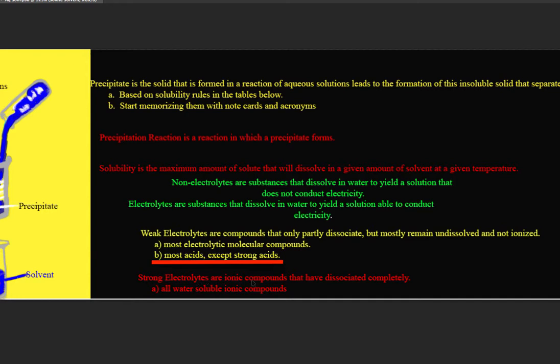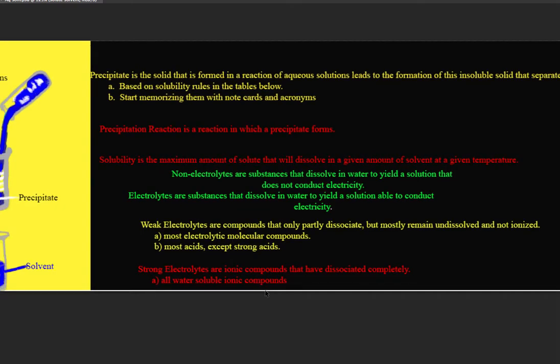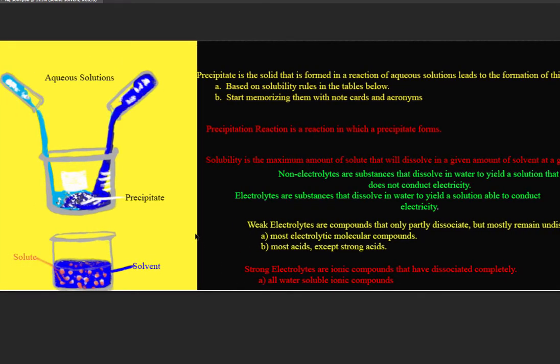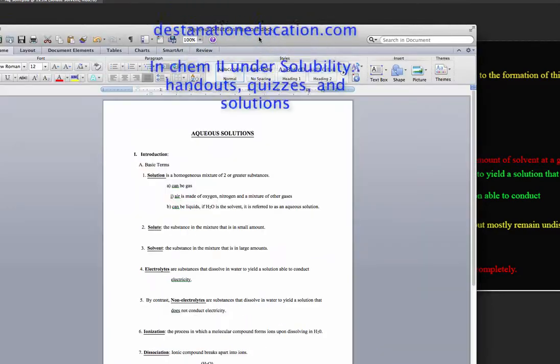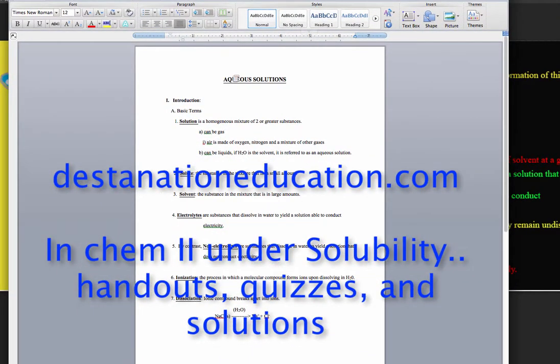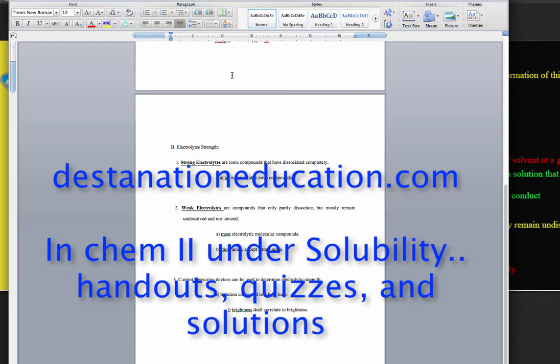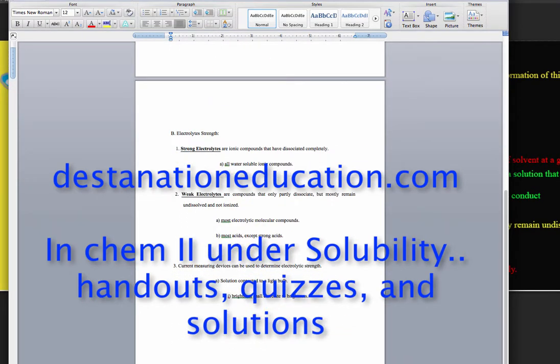Strong electrolytes are dissociating completely. All water-soluble ionic compounds are going to do that. Okay, so your NaCls and stuff like that. That's basically it. You can find that solubility table on the destination education handout, as well as this aqueous solutions handout. Pretty much everything I gave you in this video.